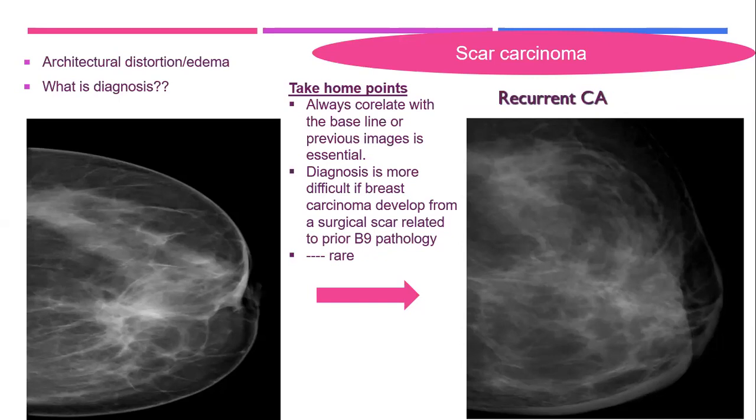But if the scar is due to prior benign pathology, you might miss the cancer because you already have distortion due to previous surgery.